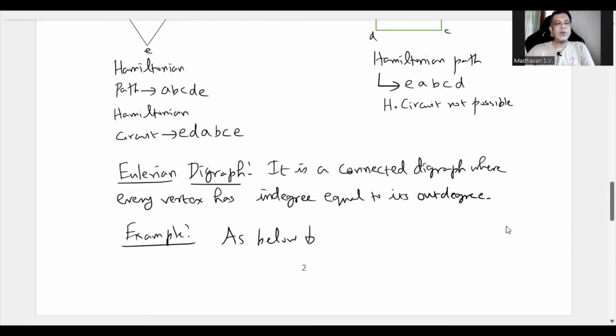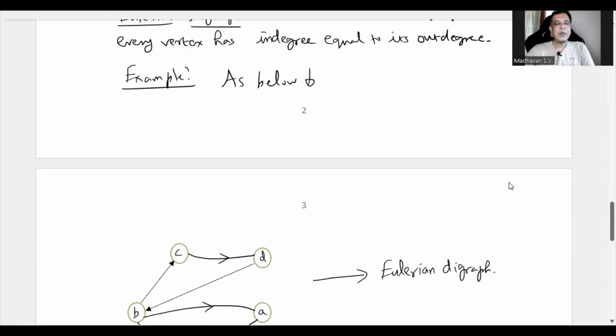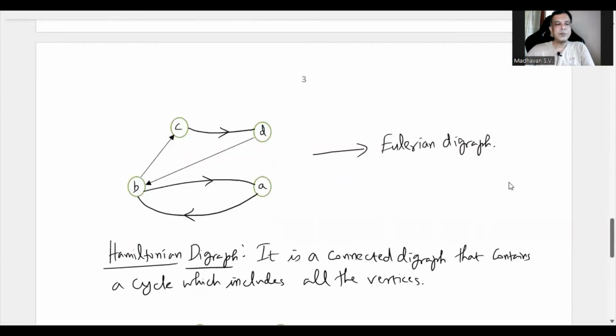Then let us understand what we mean by an Eulerian digraph. It is a connected digraph, where digraph means directed graph, where every vertex has in-degree equal to its out-degree. Let us understand this with an example. So this is an Eulerian digraph. In-degree for C is 1, only 1 is coming in, and out-degree for C is also 1.